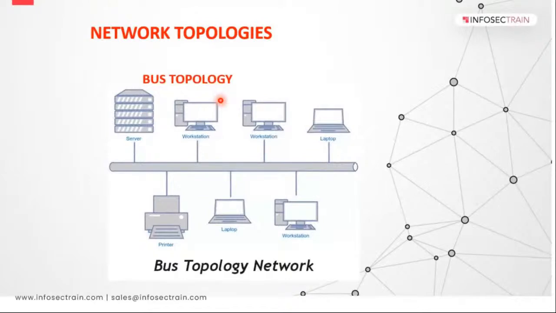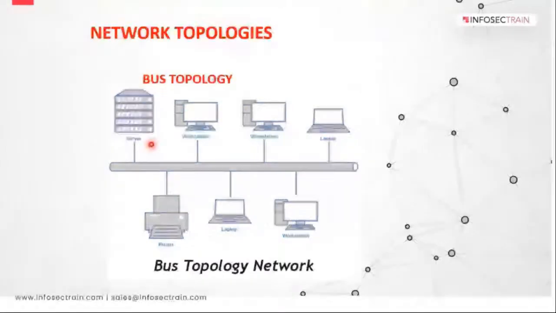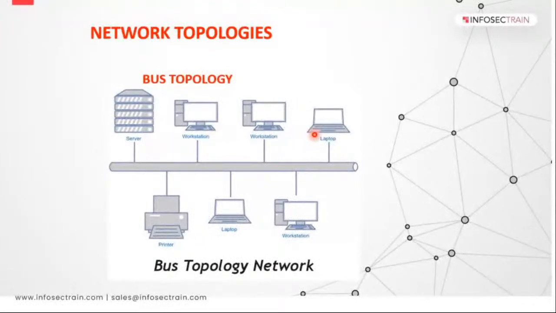Now, what happens, guys, when we are talking about topologies. The first type of topology we will be talking about is the bus topology. Now, in the bus topology, there is a server, as you can see, there is a workstation, laptop, workstation, laptop, printer.